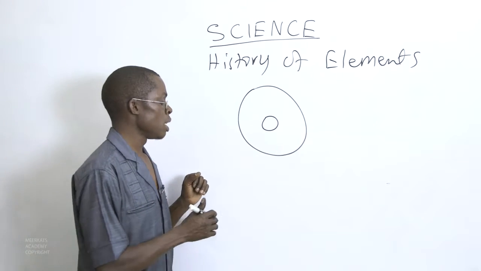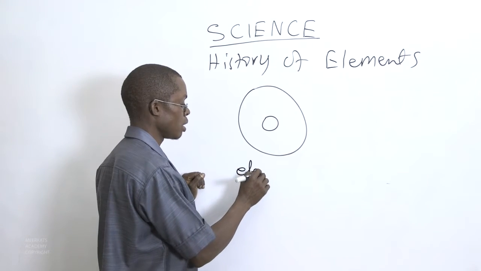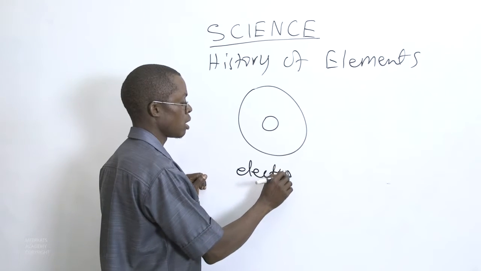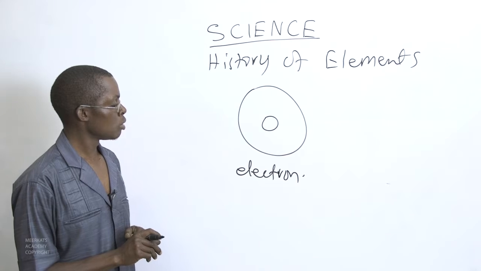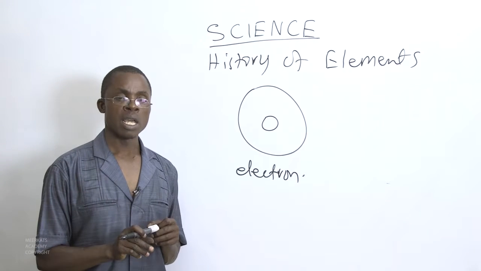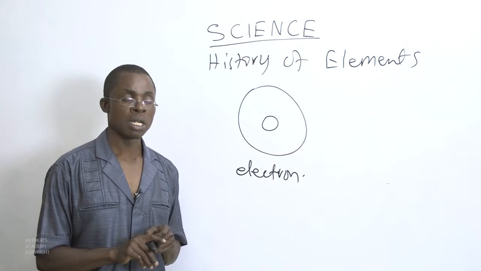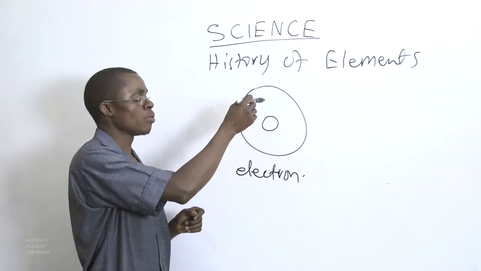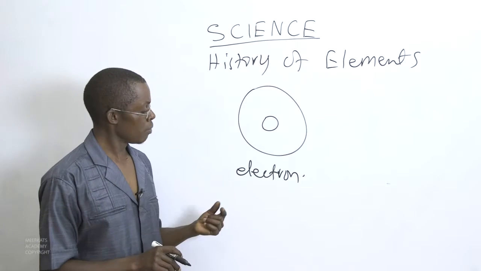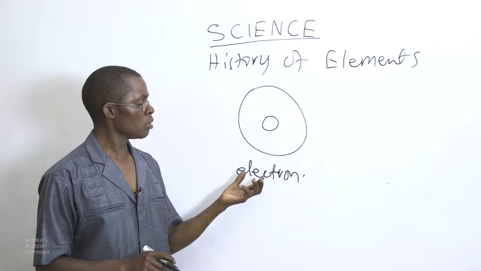And in that size, he looked at an electron in relation to an atom. This electron was the one making the outer part of the atom.